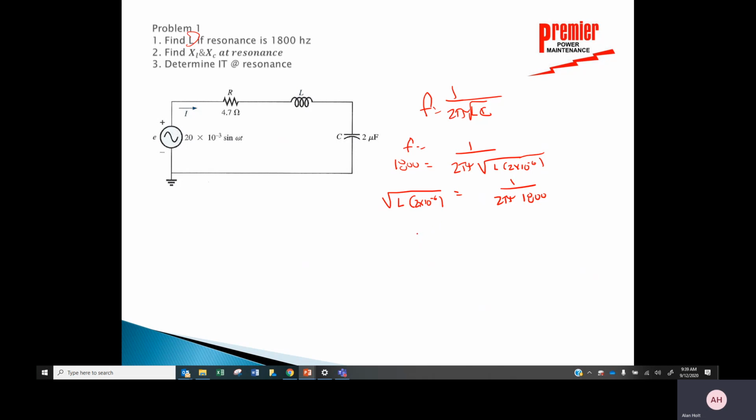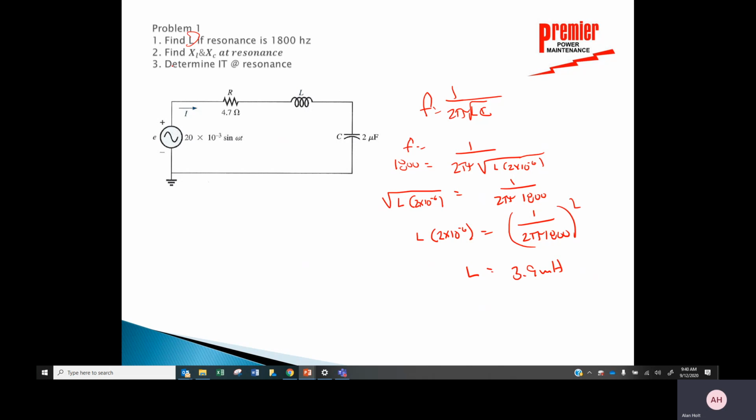I'm going to get L times 2 times 10 to the minus 6th equals 1 over 2 pi, 1800, and I have to square that. And then I divide, and I can solve this and find out that this L happens to be 3.9 millihenries. So you can do that math on your own.